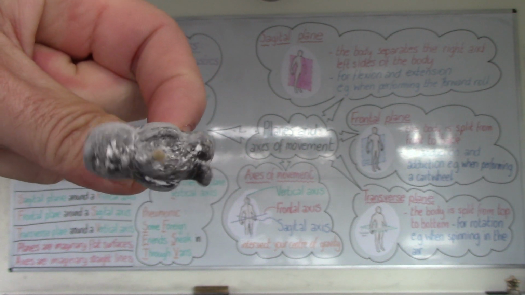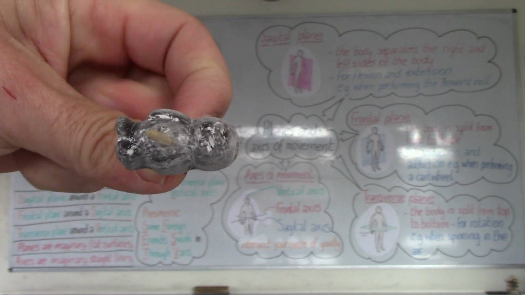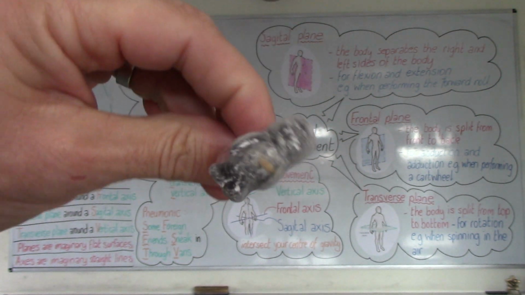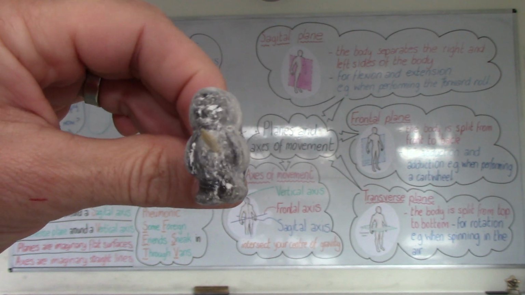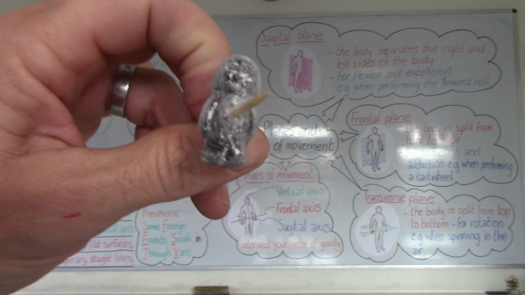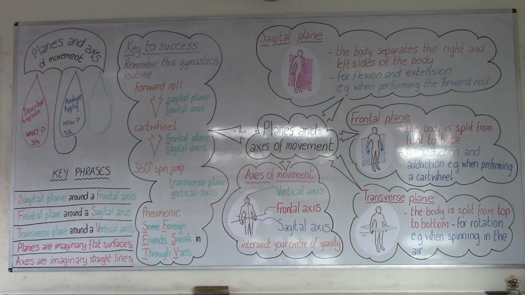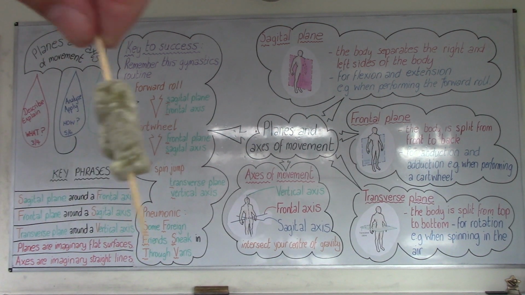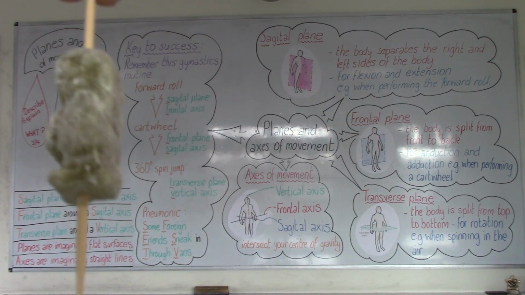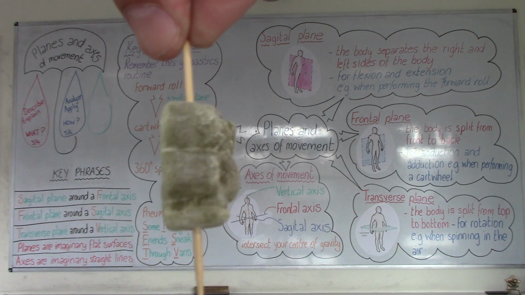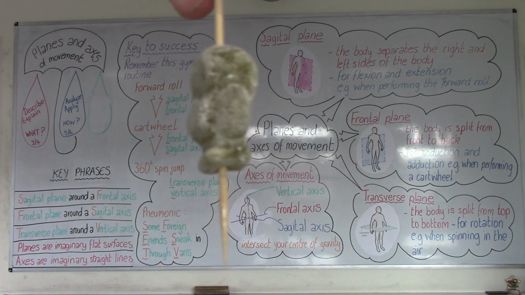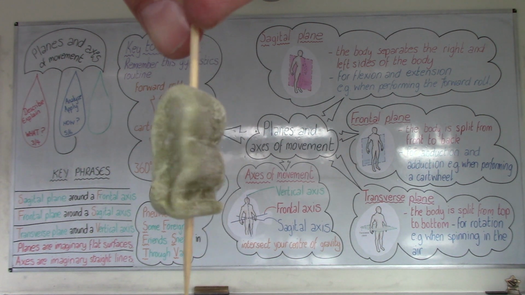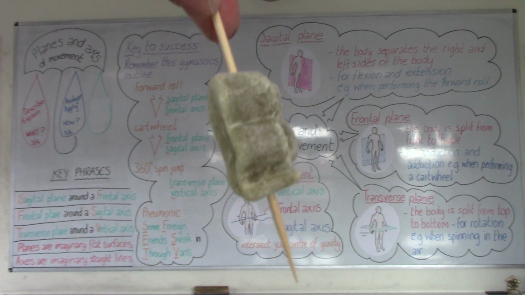I'm hoping that by the end of this you're going to understand how my blue jelly baby, when doing a cartwheel, is moving on a frontal plane around a sagittal axis. And I'm hoping lastly that you're going to understand how my green jelly baby, when he's doing a spin, a 360-degree spin, is moving on a transverse plane around a vertical axis.